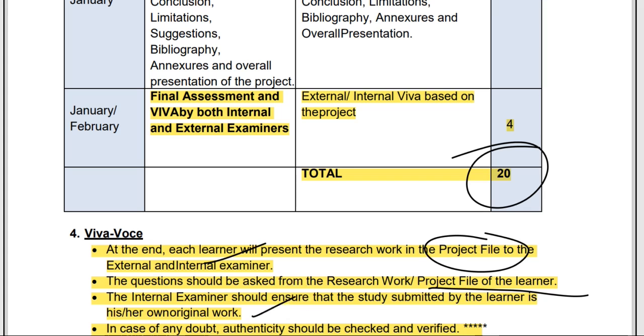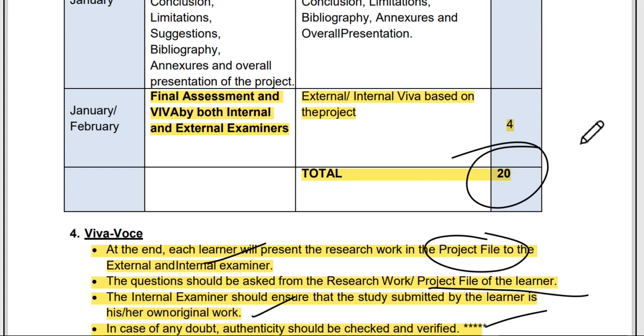The examiner from your school side should ensure that the study is originally yours. And in case of any doubts, like if the examiner doubts that this is copied or not authentic, it should be checked again and verified.